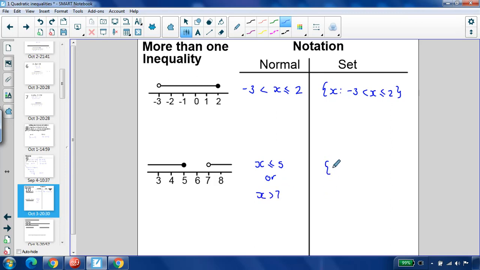So in set notation, we're going to have to use the union for or, so it's going to be a U shape. And you may have seen this when you are working on Venn diagrams. So this represents the union and it means or.